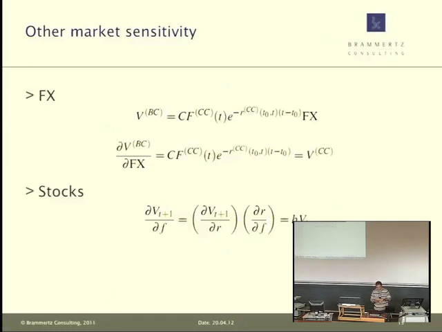FX sensitivity. So we have here the value in base currency. The value in base currency is the cash flow in its contract currency. Say the cash flow is in dollars, but the base currency is Swiss franc.